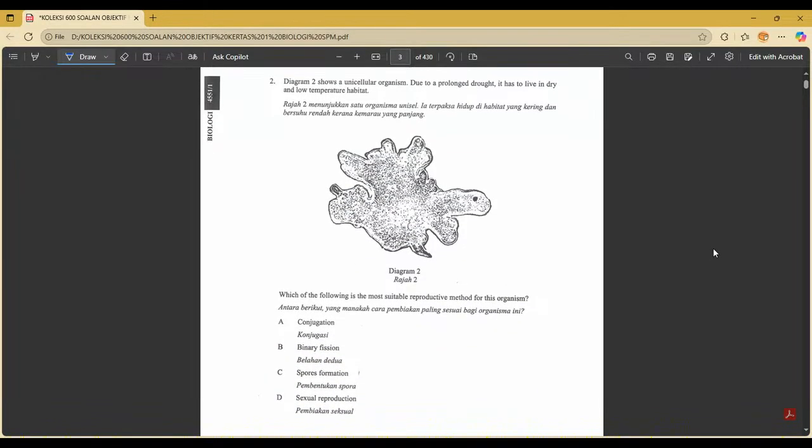Diagram 2 shows a unicellular amoeba. Dry and low temperature habitat. So it's not a suitable habitat. So it does sexual reproduction, which is conjugation, I think.